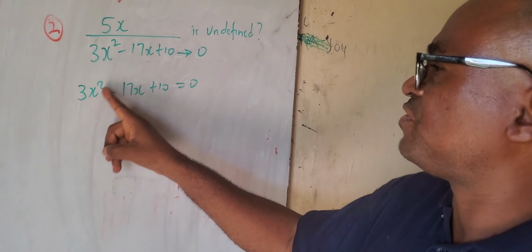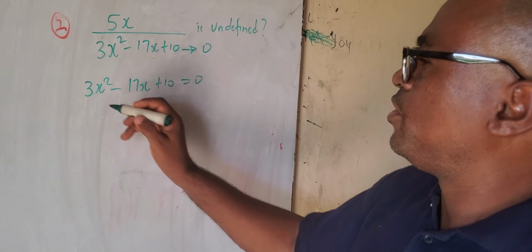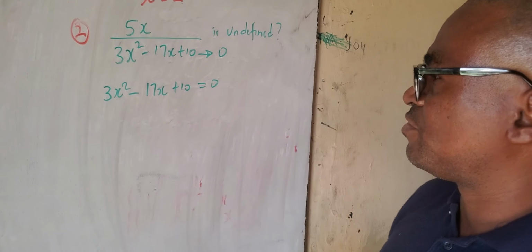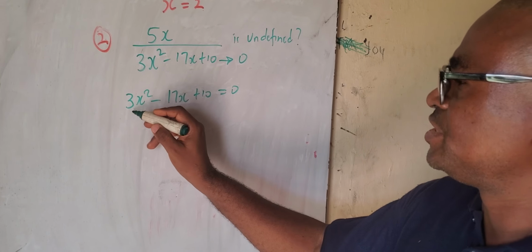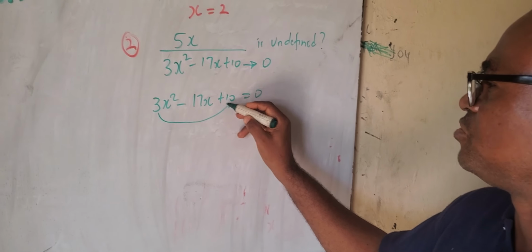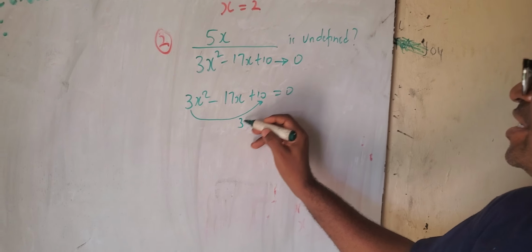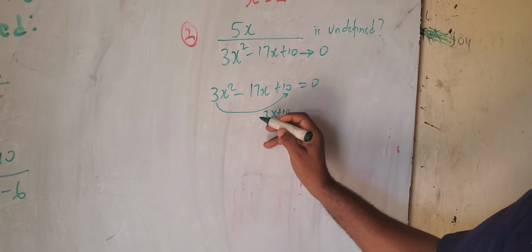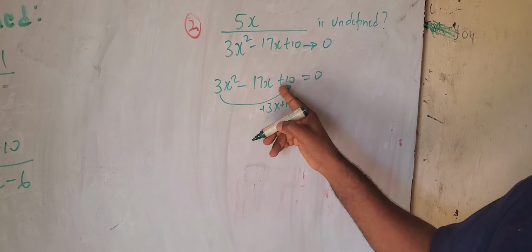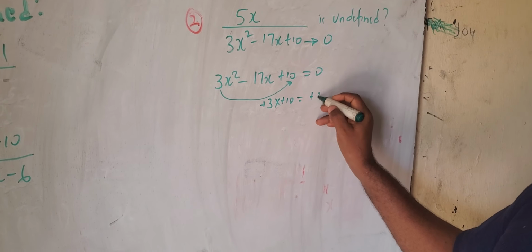Here now, the coefficient of x squared is 3. So we normally want to factorize this quadratic expression. So we use the coefficient in front of x squared to multiply 10. So we have 3 times plus 10. We have to consider the sign in front of them. That will give us a plus 30.